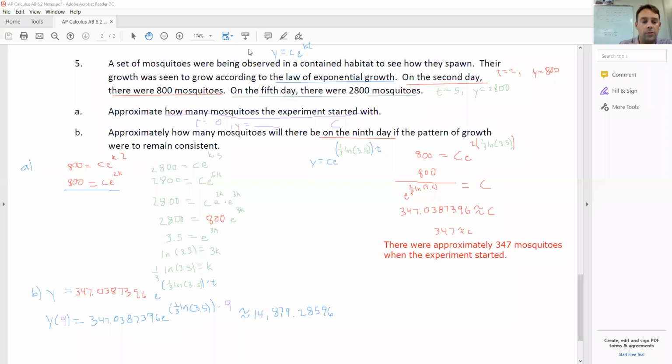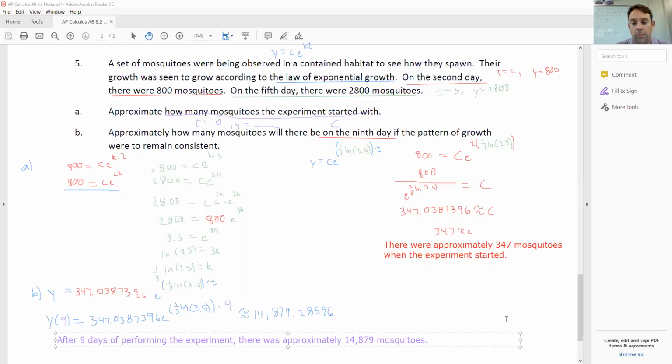In other words, after 9 days of performing the experiment, there were approximately 14,879 mosquitoes.